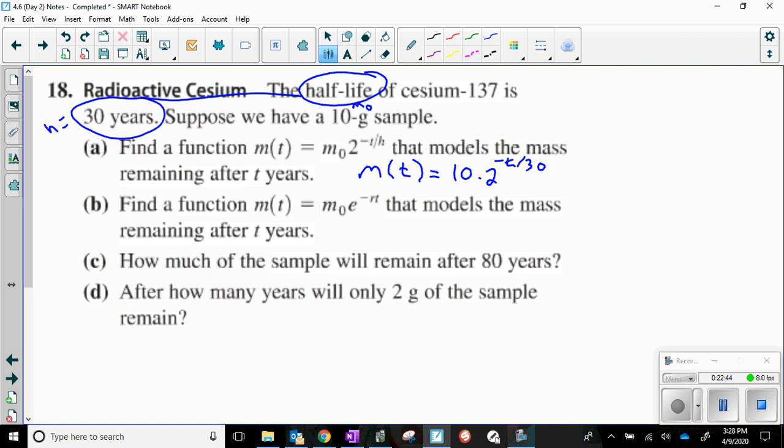The other way we could rewrite this or make this problem happen is we could find our rate. So our rate of decay would be the natural log of 1/2. If you prefer, you can do negative natural log of 2, all over the amount of time it takes to get that half-life.